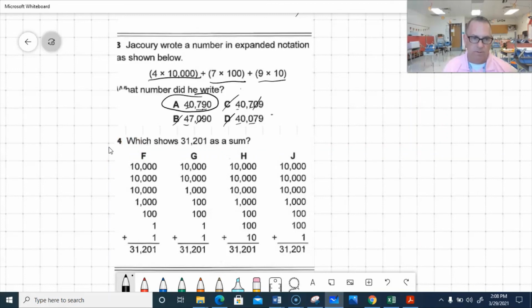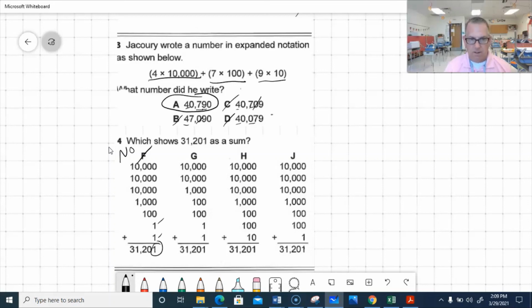So answer choice F, is that true? Yes or no? I'm going to go with no on that one because I'm looking here in the ones place, and they have 2 1s, and our answer has 1 1, so that is a no. Eliminate F.